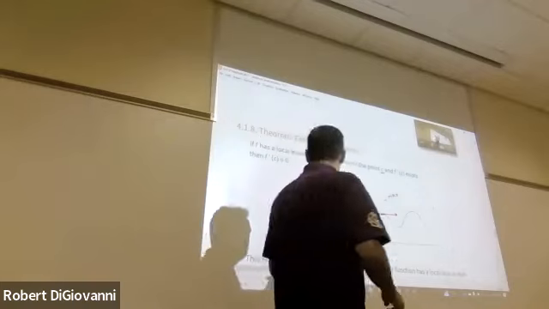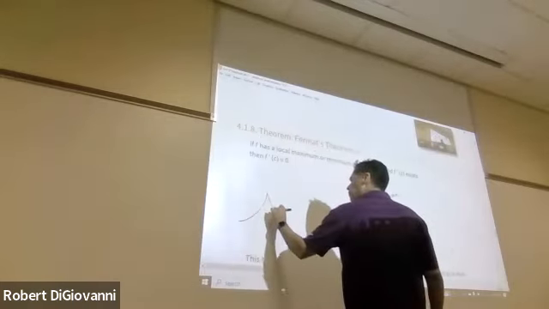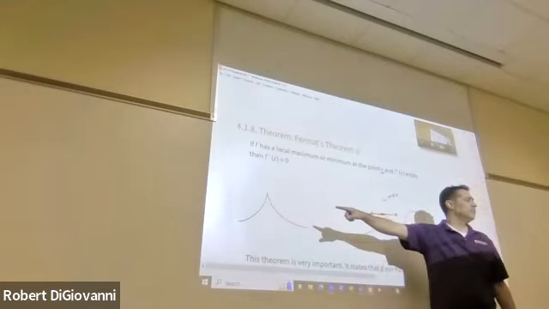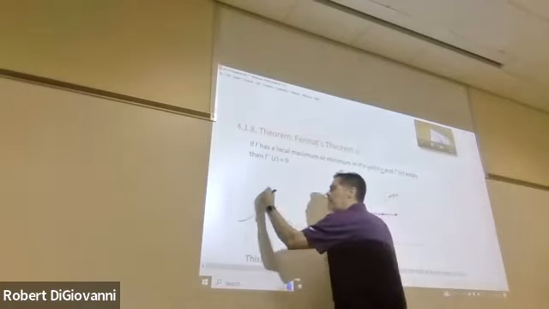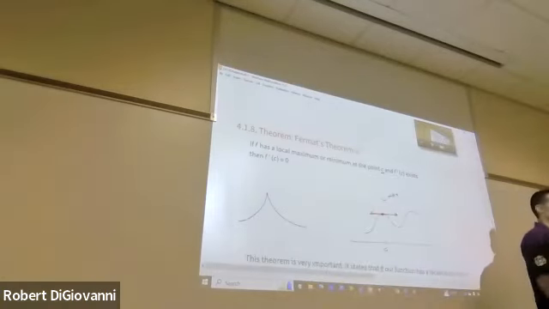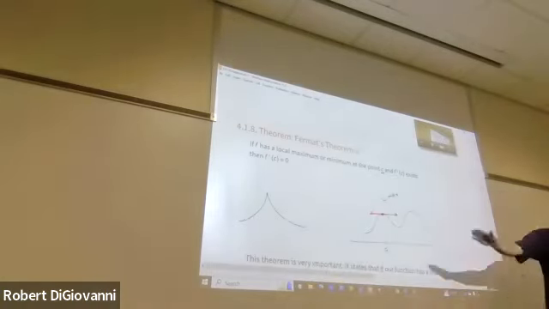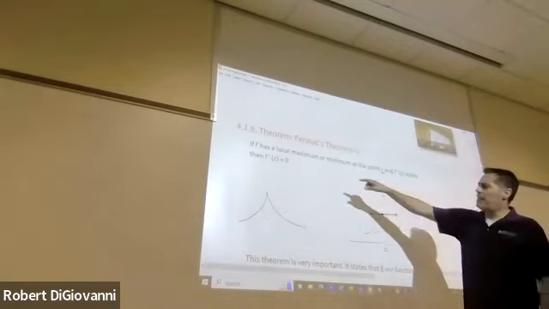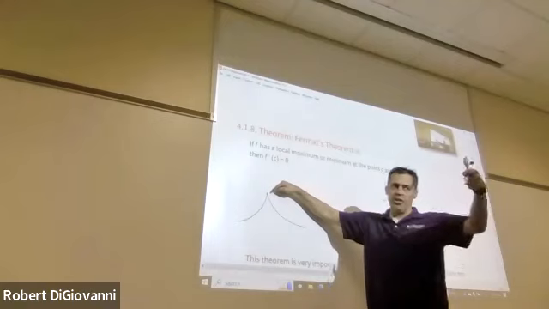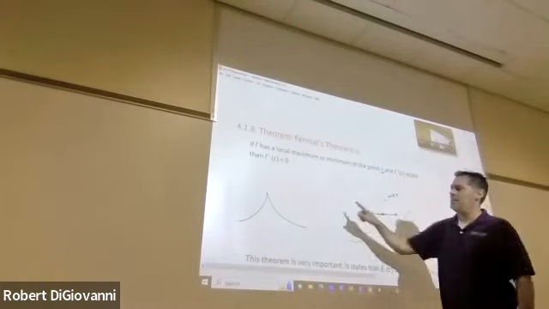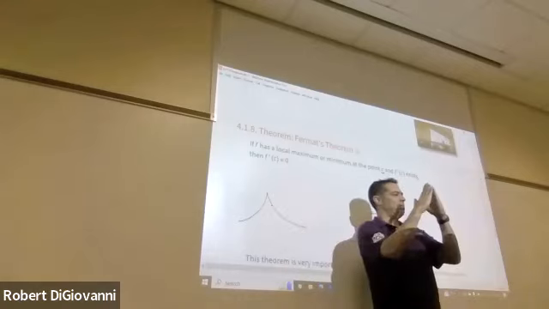So you have to be careful with this theorem, because what about this? Is that a local max? Is this point right here, this top point, is that the highest point on the graph? Yes. Right. Does this theorem apply? No, because it says that if this is a local max, which it is, and the derivative exists here, does the derivative exist at that cusp?